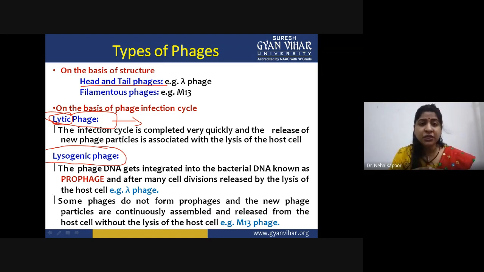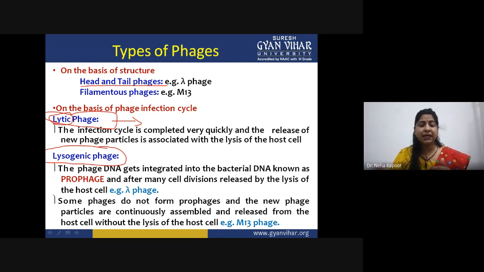The infection cycle is completed very quickly when new phage particles are released due to the bursting of the host cell. Whenever a host cell bursts and releases new phage particles, that phage has undergone the lytic cycle, and this process is very rapid.